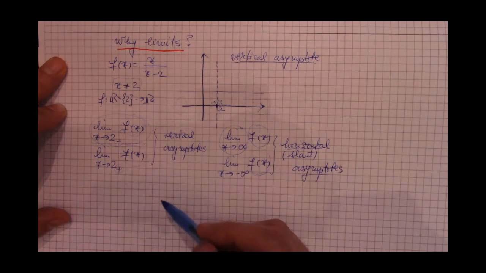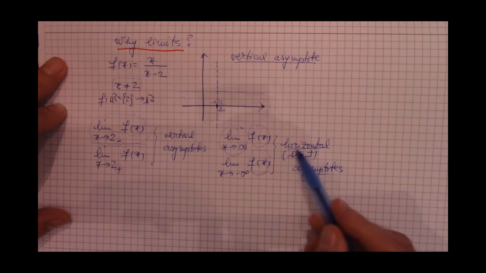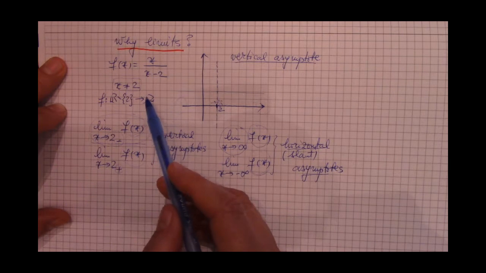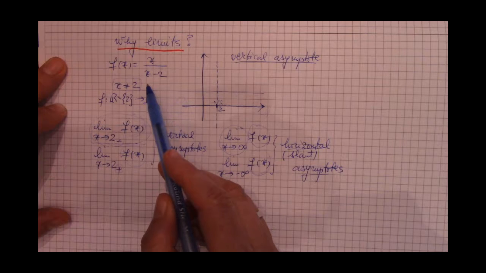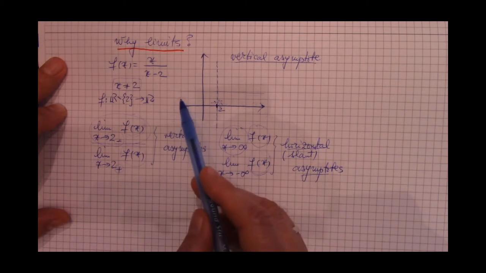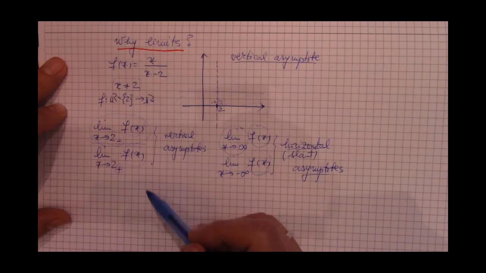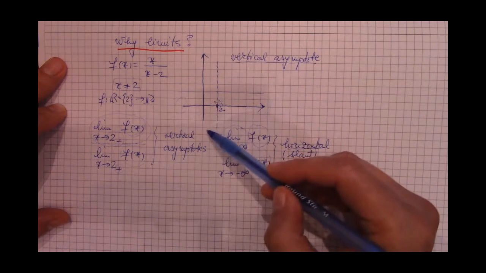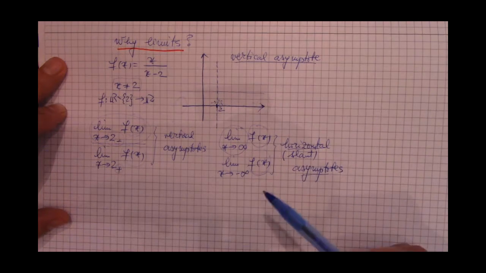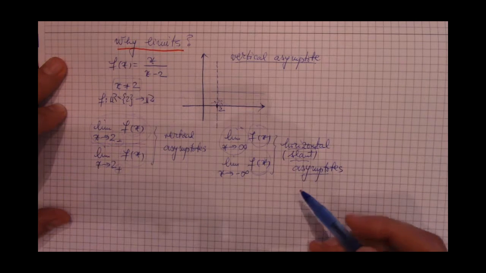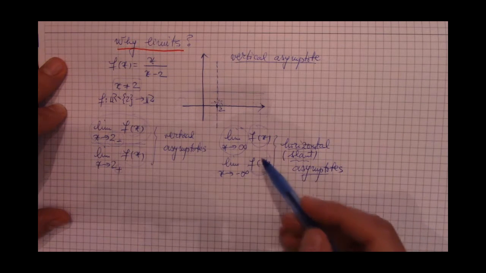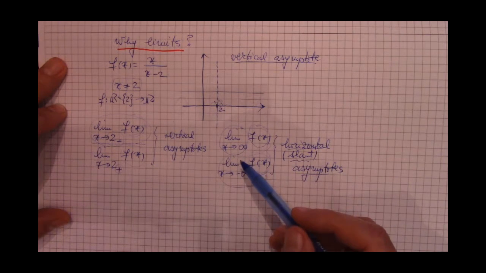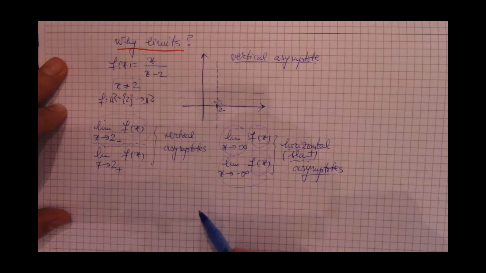We are going to deal with that in the near future, but for now, this function will have a horizontal asymptote y equals 1, both at plus infinity and at minus infinity. Or it could be the case that certain functions will approach a known function like a line when going to plus or minus infinity, and that will be called a slant asymptote. Regardless of those details, we need to compute limits in order to understand behaviors of functions at plus and minus infinity.